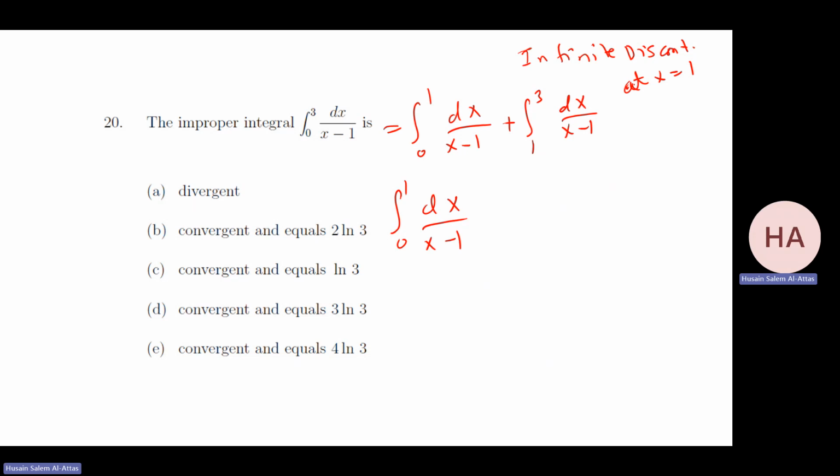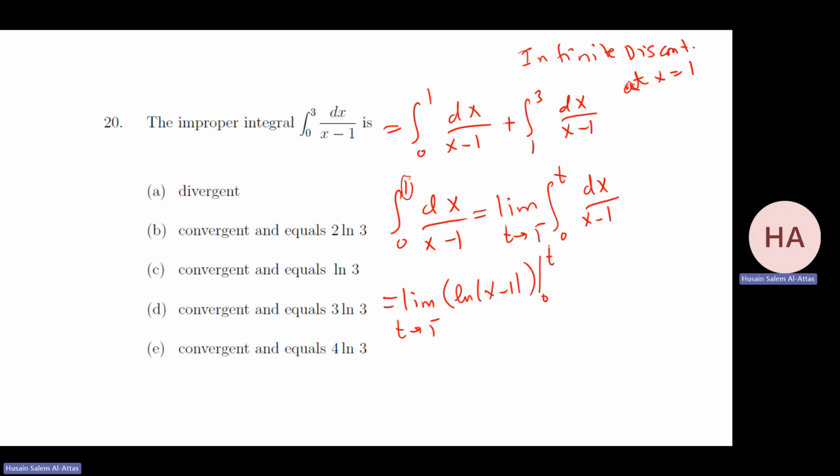Okay, so I have what? This one, my problem is with the 1. So we'll have the limit as t goes to 1 from the left of the integral from 0 to t of dx over x minus 1. What's this integral? ln|x minus 1|, and I want it from 0 to t.